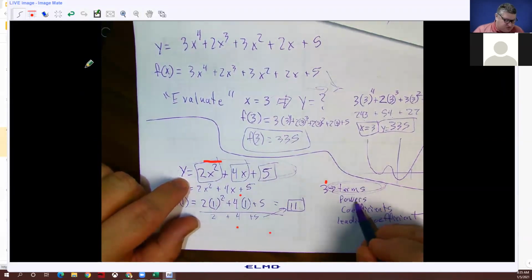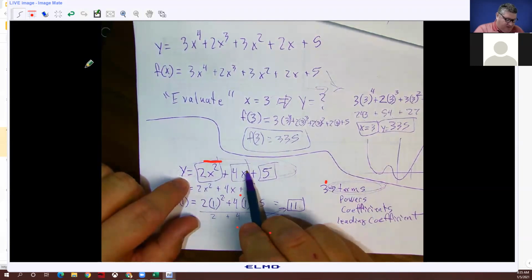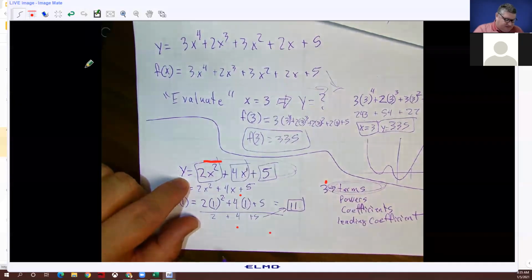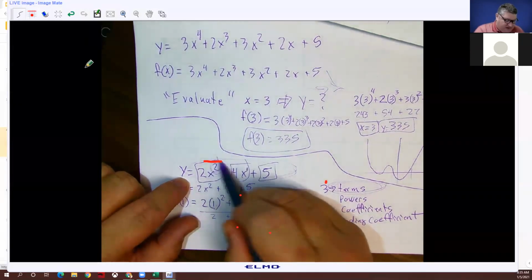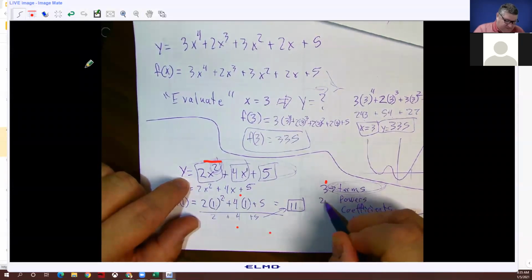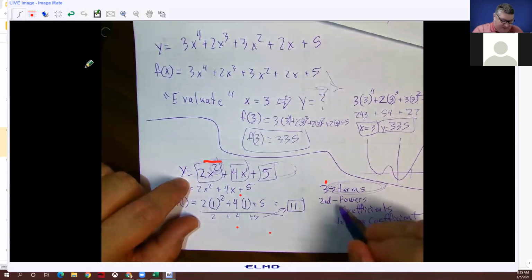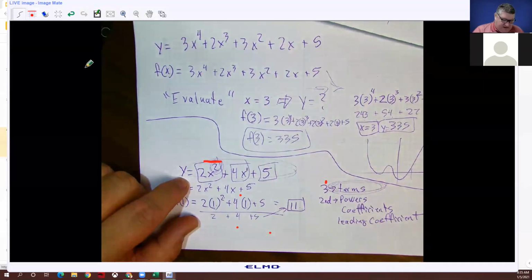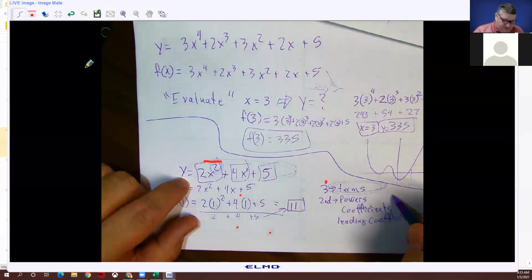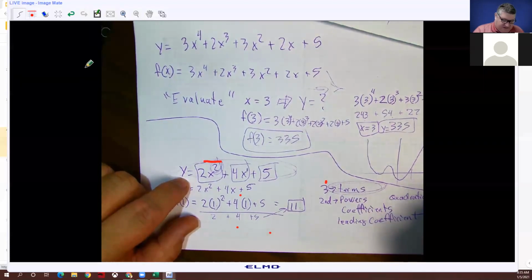The powers. Now, I got a power here. It's a power of 1. But the highest power I have in the whole equation is 2. So it's to the second power. And a second power equation would be considered quadratic. That's its fancy name.